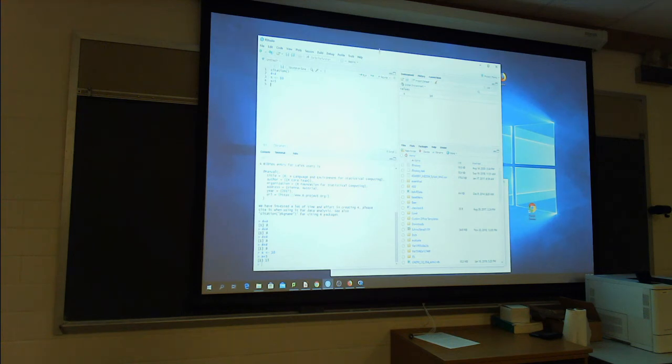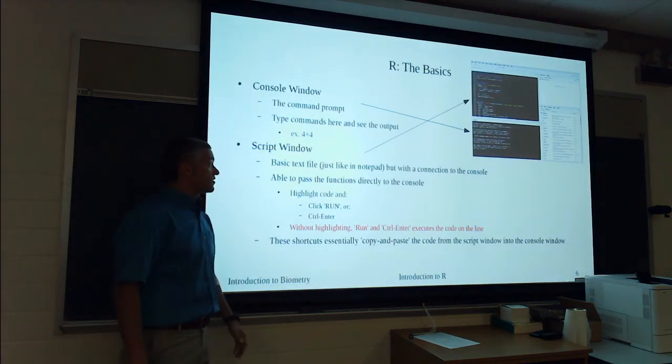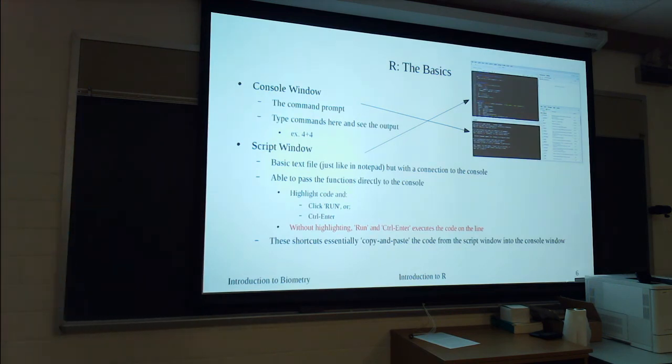All right, let's get back to our presentation. We kind of covered all of this. Click run or press Control-Enter, and there are other options. We'll save our scripts, and when you come back, if you want to run everything in that script and pick up where you left off, there is an option to run everything in that script.